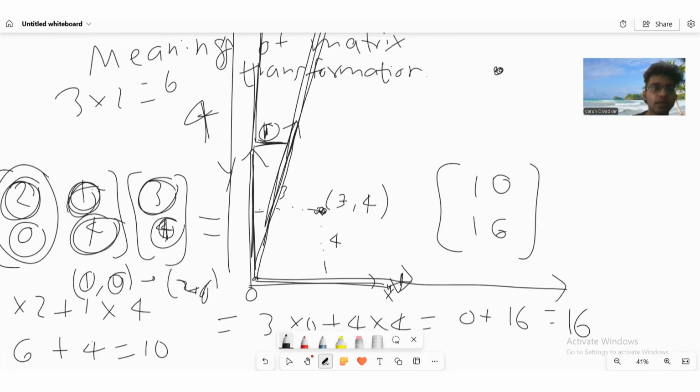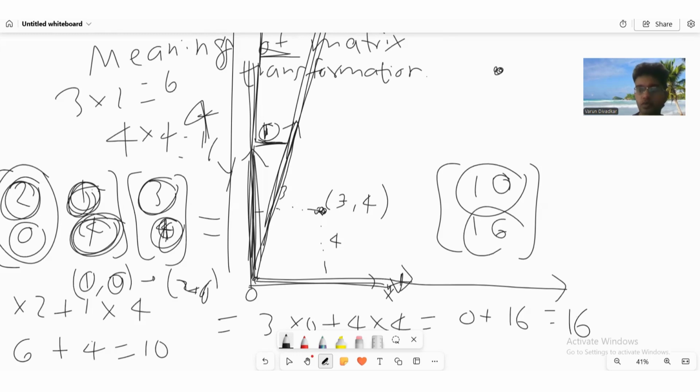You also add a 1 into 4 to that because this is shifted here by 1 unit, right? I hope this is analytically clear, right? So that becomes 10. And your y-axis, which was like 4 units here, since you're moving it upwards by 4 units, it's becoming 4 into 4, which is 16. So it's 10 and 16. Clear?